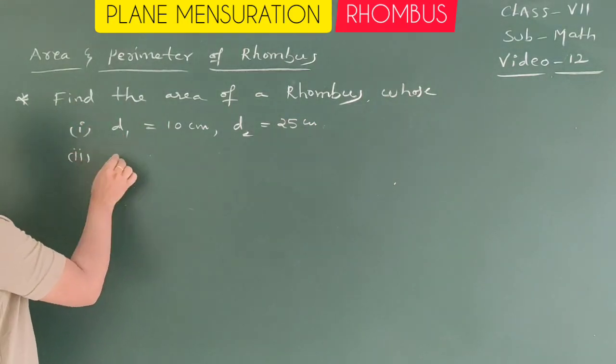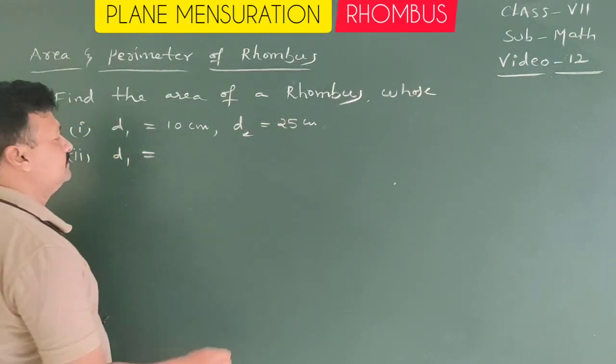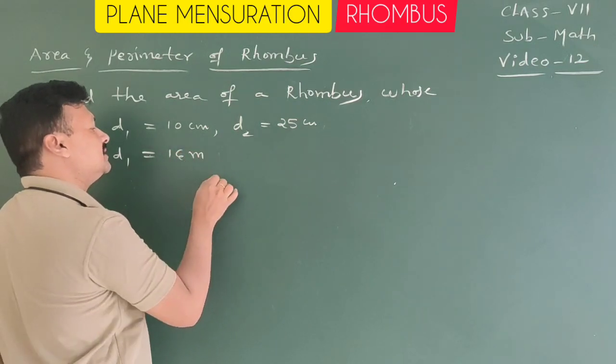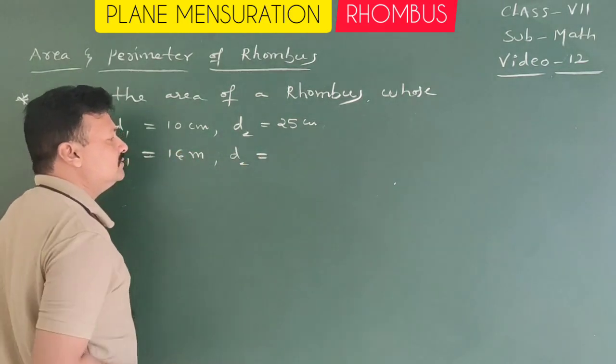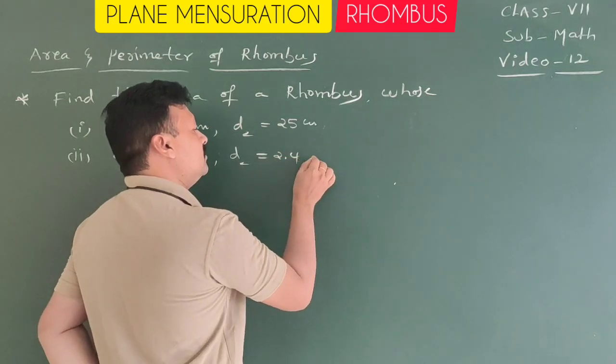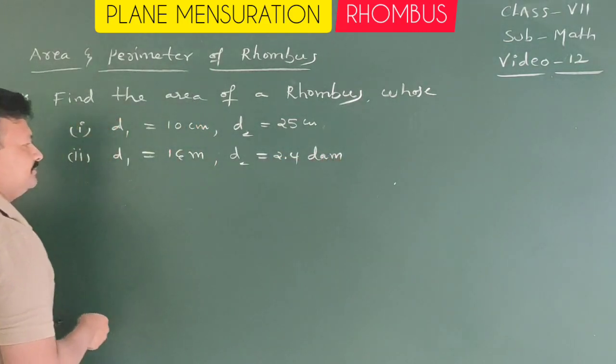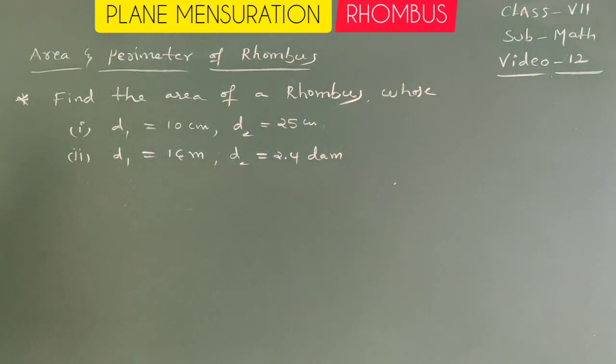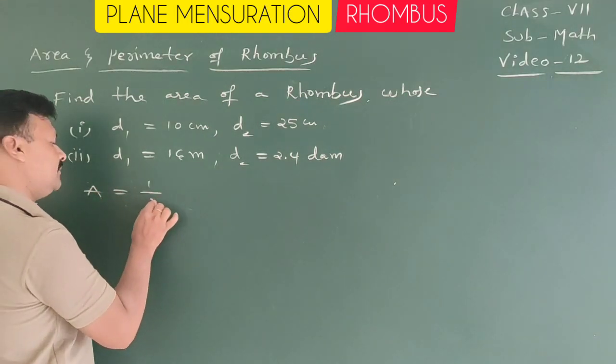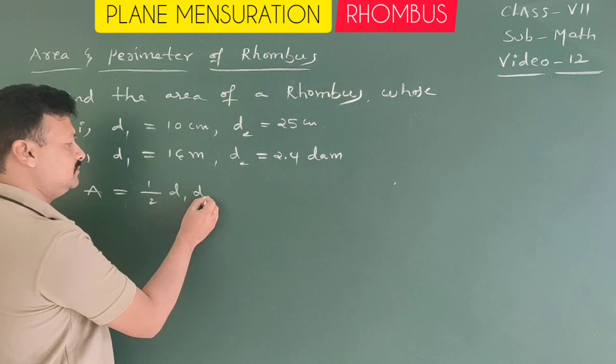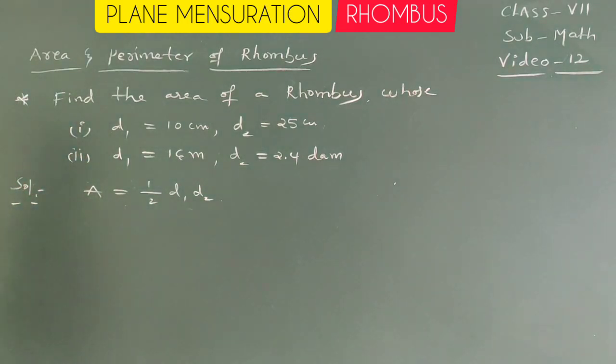In the second case, d1 is 16 meters and d2 is 2.4 decameter. For this one, the area of the rhombus is half d1 d2, no doubt about it, because they gave d1 and d2, that's why we directly take d1 and d2.